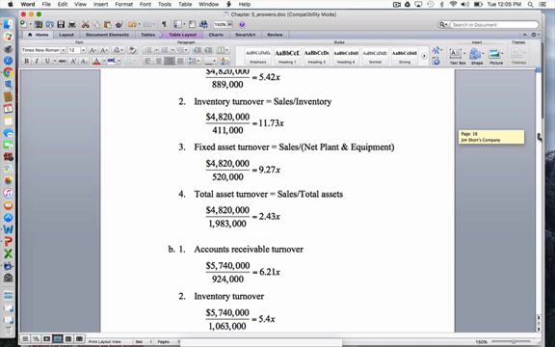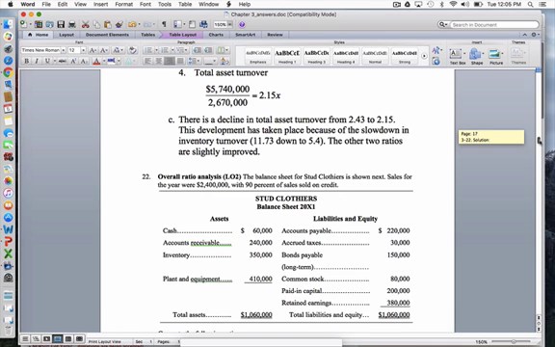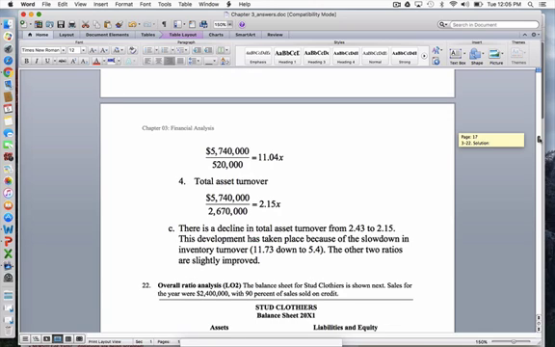That slowdown in inventory turnover affects the total asset turnover, and that's the interpretation of these ratios. The other ratios have slight change, but not as much as inventory turnover.